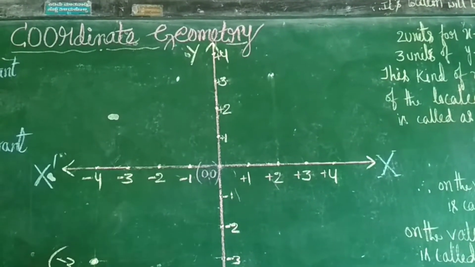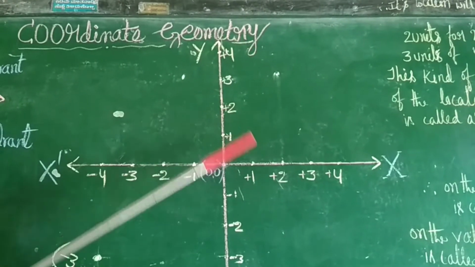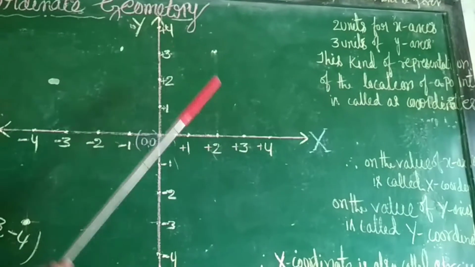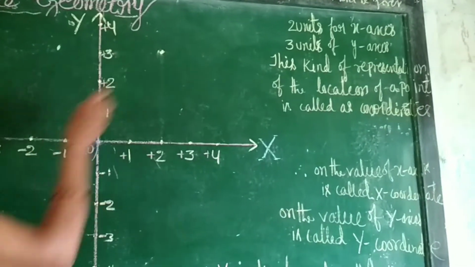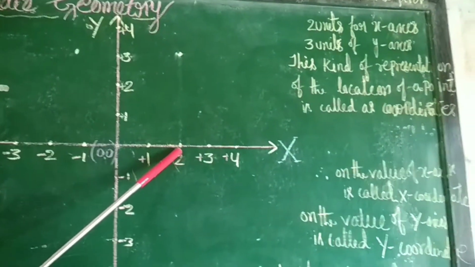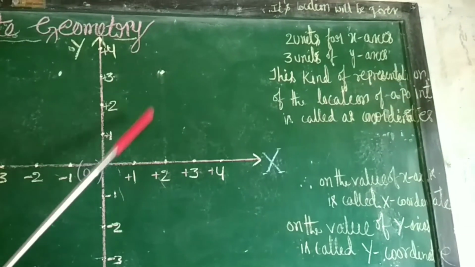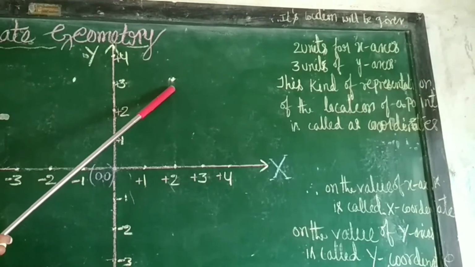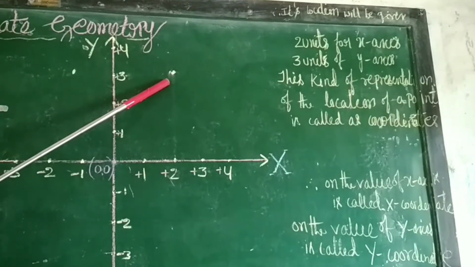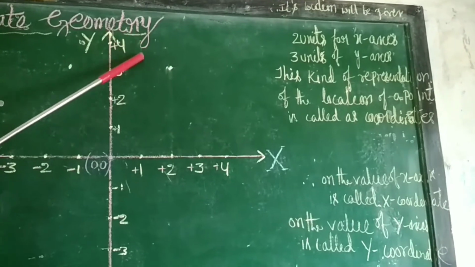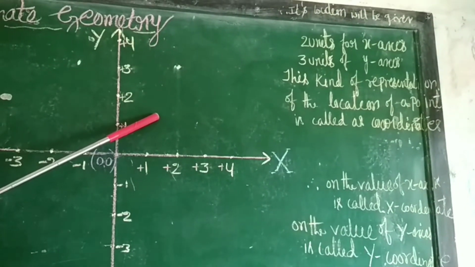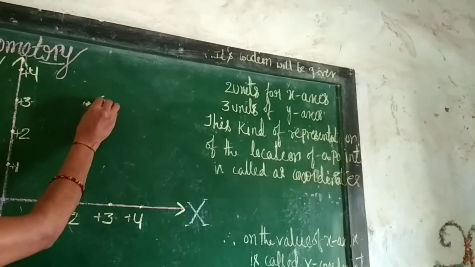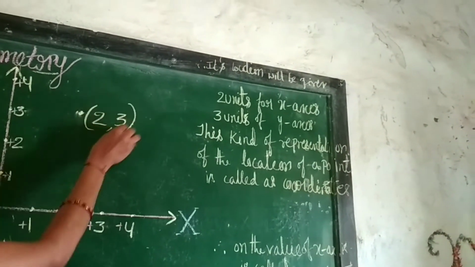Dear students, we can say that this point is covering 2 units on the positive x-axis and 3 units on the positive y-axis. So, its location will be (2, 3).